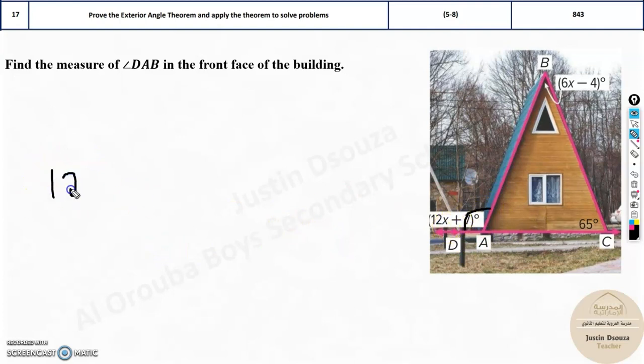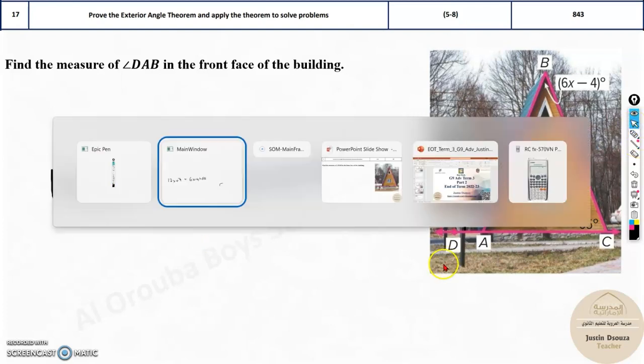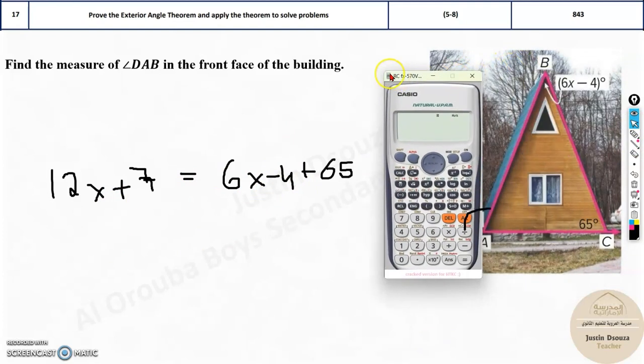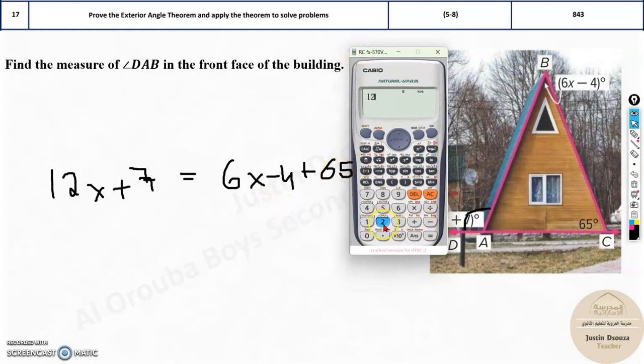That would mean 12x plus 7 will be equal to the sum of these two, that is 6x minus 4 plus 65 degrees. Now solve it. You can use your calculator directly, otherwise you can just take the x to the other side and solve it. It's very simple.